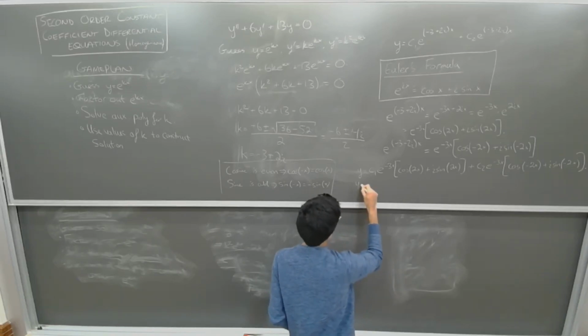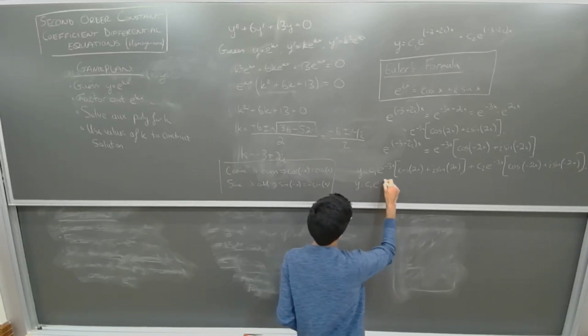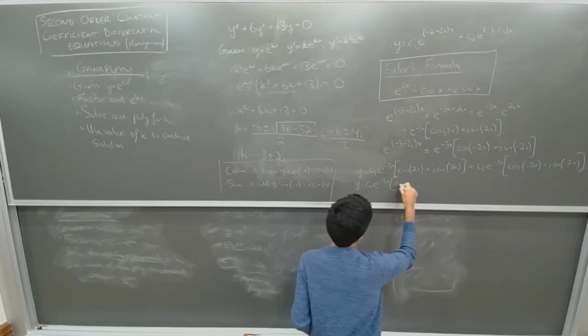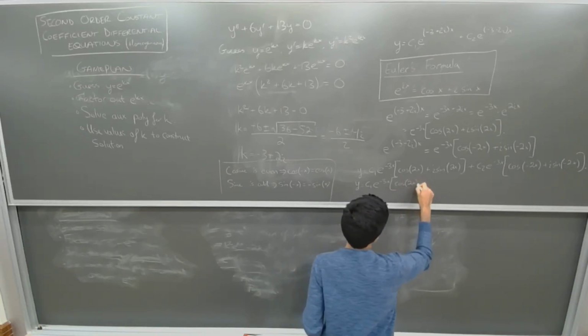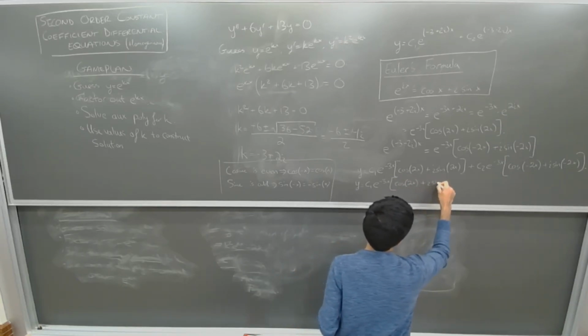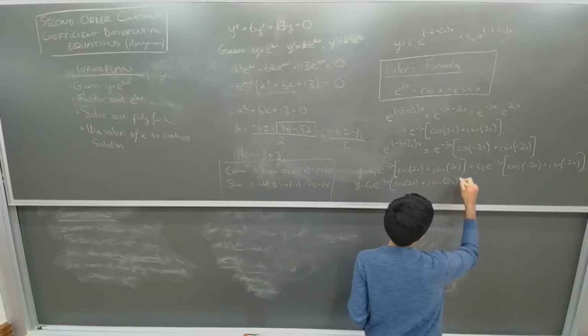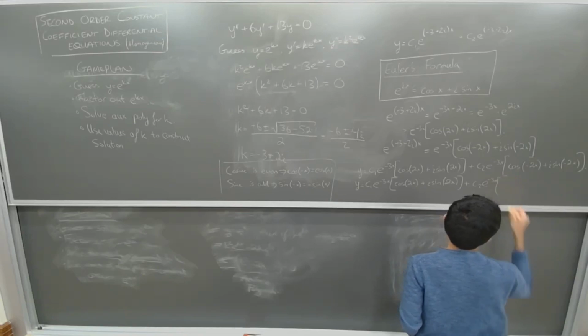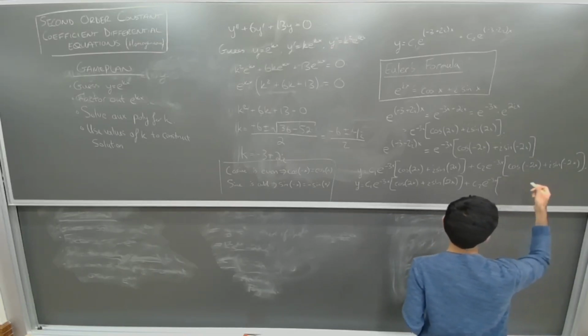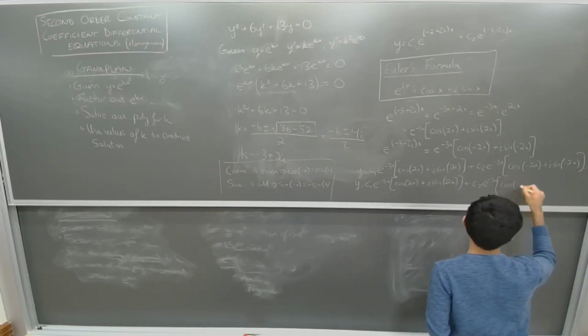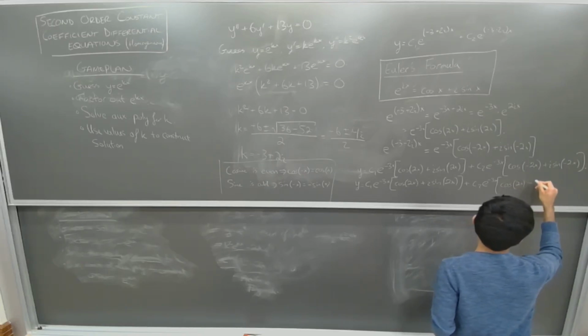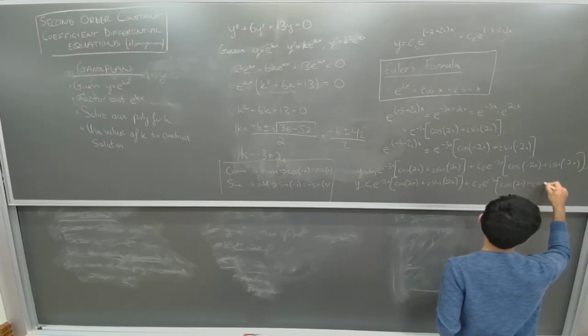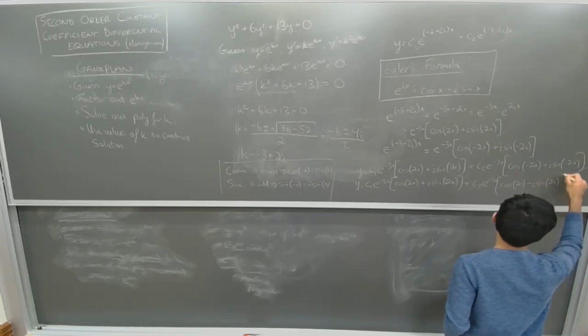So we have y equals c1 e to the negative 3x times cosine of 2x plus i sine 2x, and then c2 e to the negative 3x. But now we'll use evenness to say that this is equal to cosine of 2x, and then we're subtracting now an i sine of 2x.